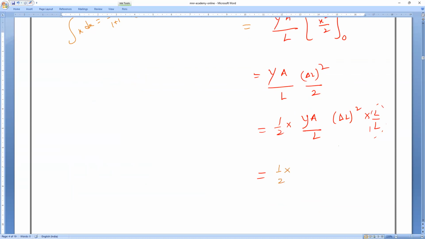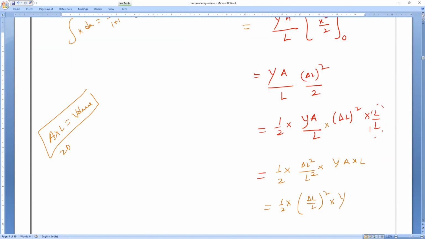If I take L into L multiplication, we get L square and delta L square, and the remaining is Young's modulus into A into the last L. We already studied area into height or length gives you what, everybody? Area is two dimensional, yes, volume it will give. So it will become 1 by 2 into (delta L by L) whole square into Young's modulus into A into L, which we call the volume V.